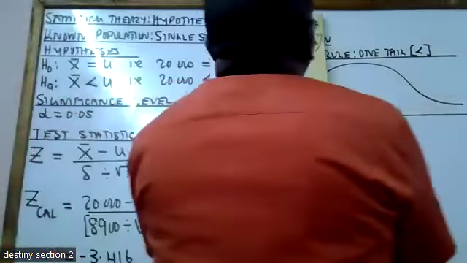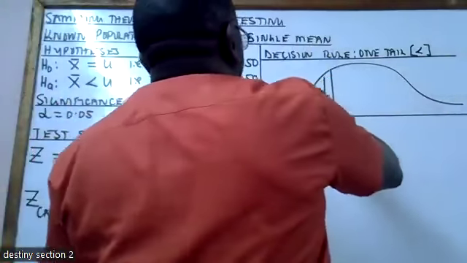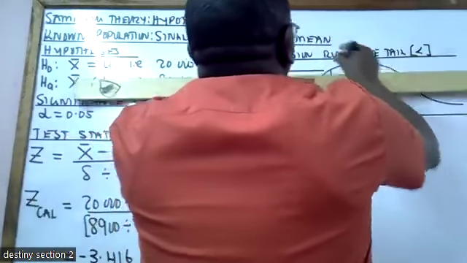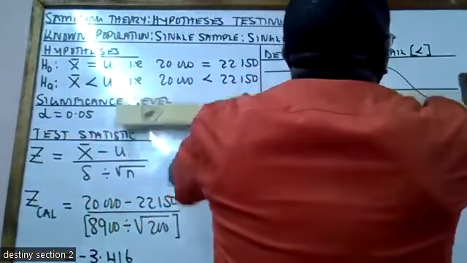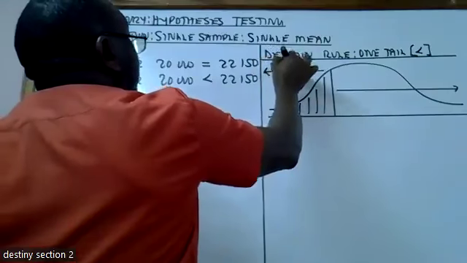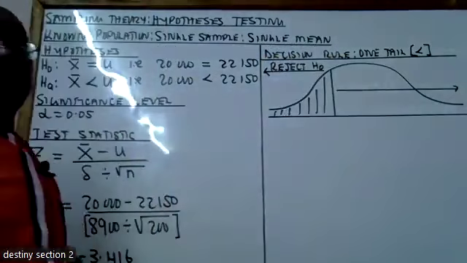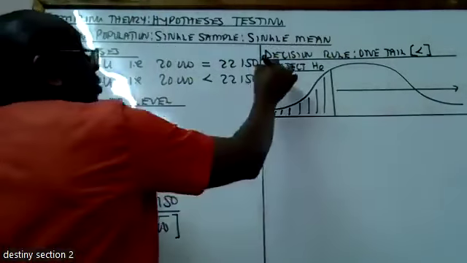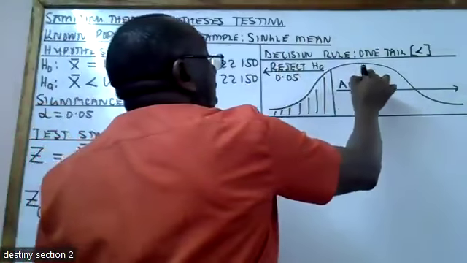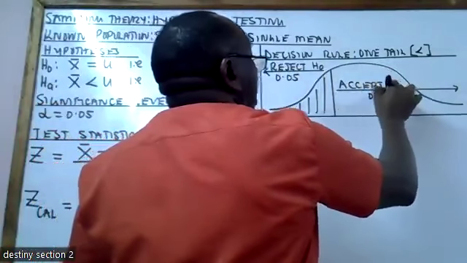And then you tell us on this side, if we find ourselves here, what are we going to do? If we find ourselves here, we will say reject null at 0.05.